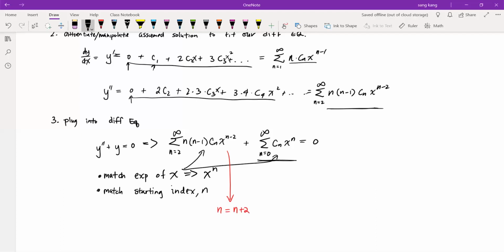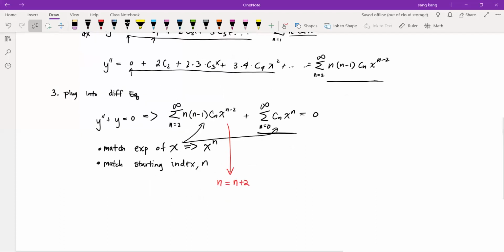This is just for the term inside of the sum. So n becomes n plus 2. My n minus 1 becomes n plus 2 minus 1, so that's n plus 1. My cn becomes c sub n plus 2. And then my x to the n becomes x to the n plus 2 minus 2, so just x to the n. That was our intention, right?